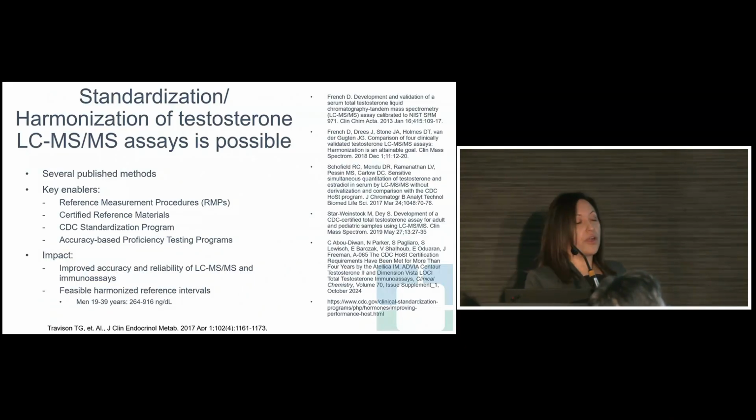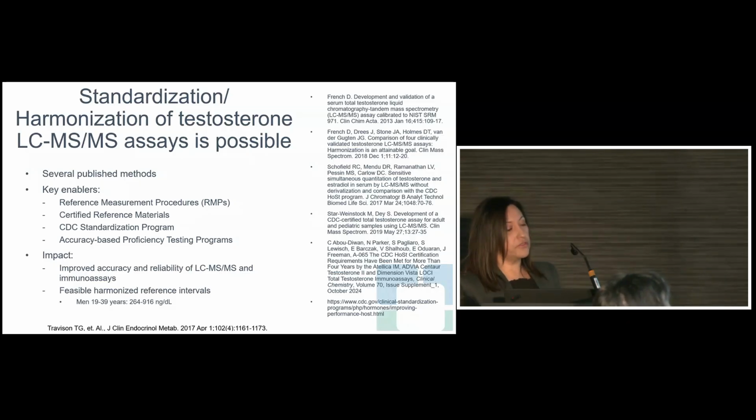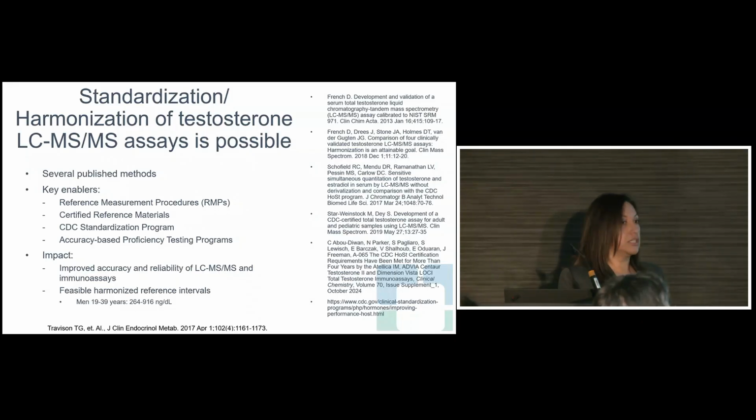So there are several published methods that have demonstrated that the standardization and harmonization of tandem mass spec assays is possible, thanks to the availability of the RMPs, certified reference material, the standardization program, as well as accuracy-based proficiency testing.